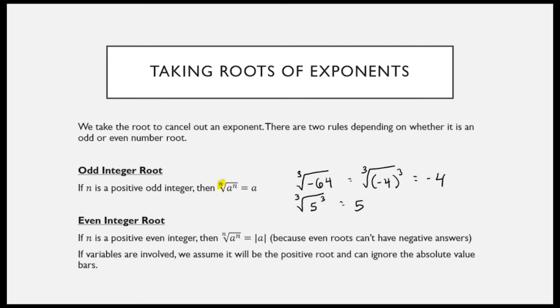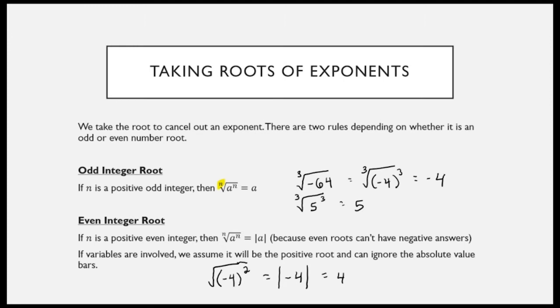So an example of what this is saying is, let's say we wanted to take the square root of -4 squared. Our answer here is not -4. With an even index, you just can't cancel out the exponents and get -4. It's actually the absolute value of -4.